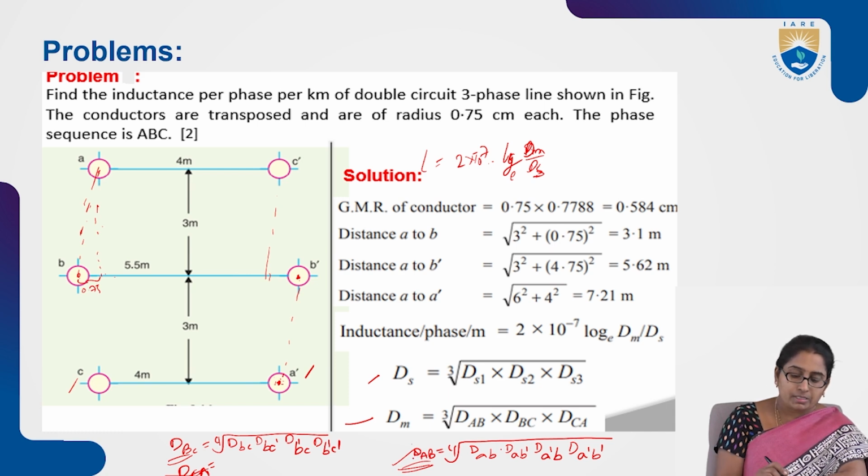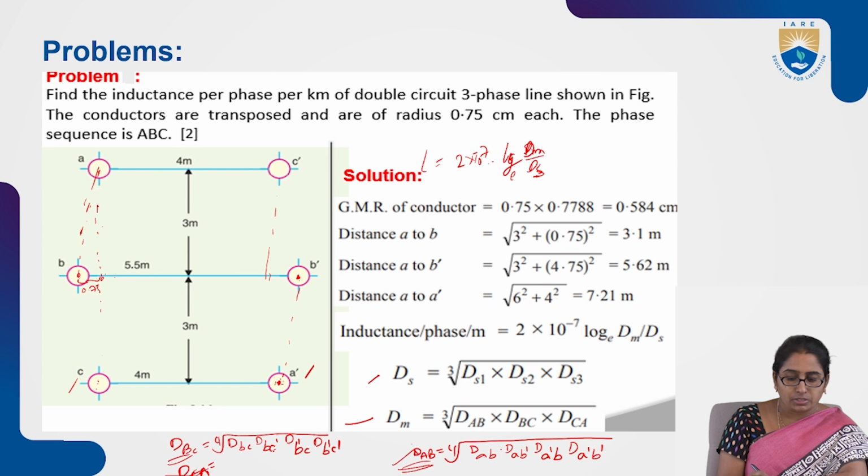Next, at the same time, DBC. Capital DBC is the fourth root of small dbc terms. So look at the diagram again. Distance between B to C, from the diagram, is given by square root of 0.75 square plus 3 square, right? So that is BC.